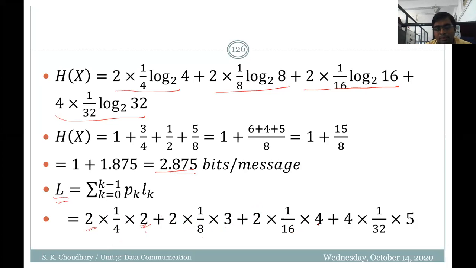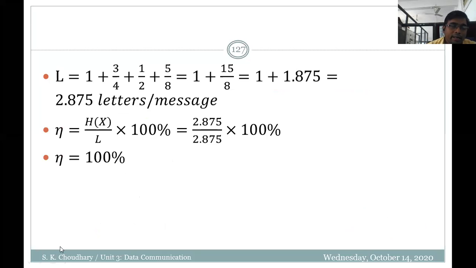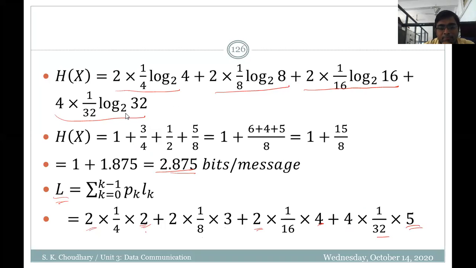E and F have probability 1 upon 16 and code word length 4, again 2 times. And G, H, I, J have probability 1 upon 32 and code word length 5, and it is 4 times because there are 4 letters. In this way you can calculate L, and L again becomes 2.875. So H(X) and L have the similar value, but the unit is bits per message.